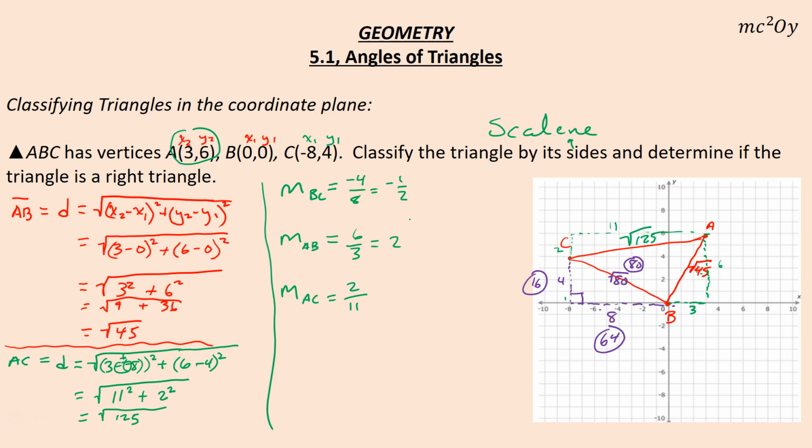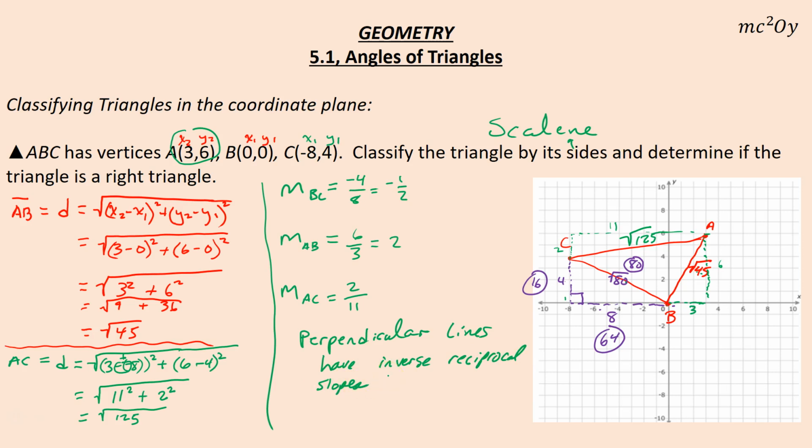The other thing we need to do is find out if it's a right triangle. Now remember, if it's a right triangle, you would have perpendicular lines. And perpendicular lines have inverse reciprocal slopes.